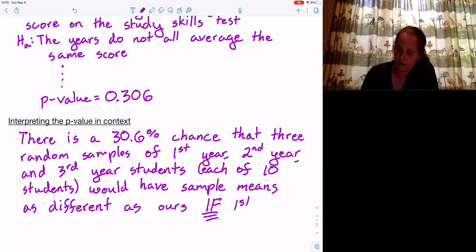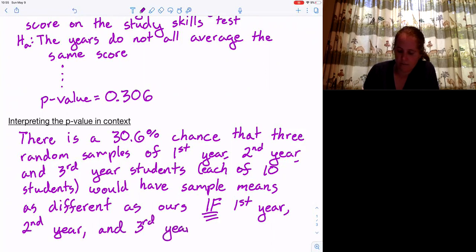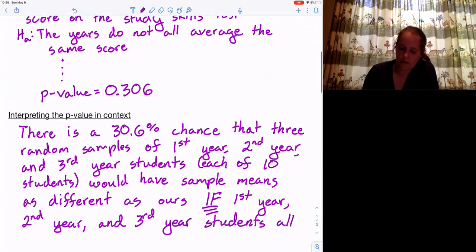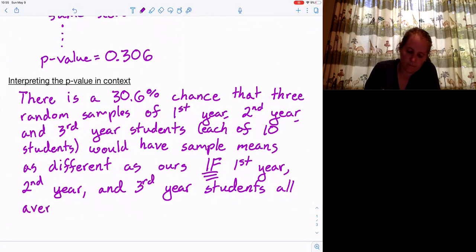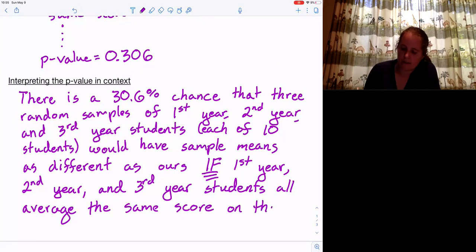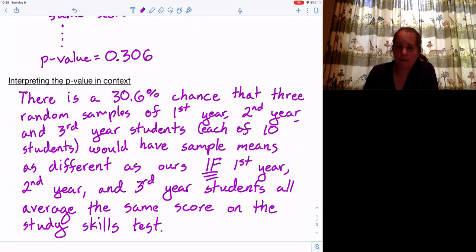So if first year, second year, and third year students all average the same score on the study skills test, some key components of this.